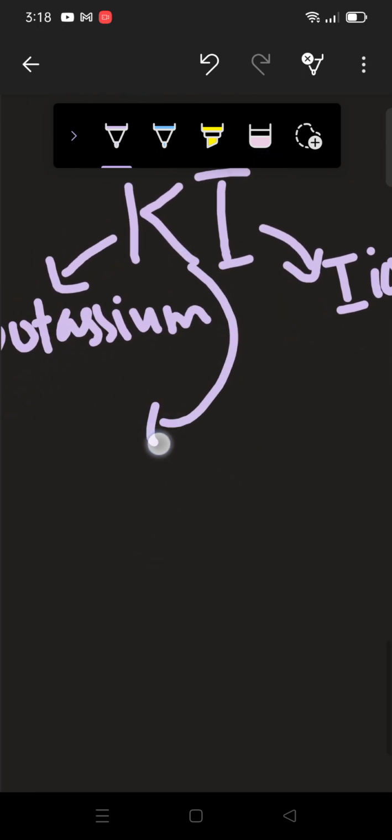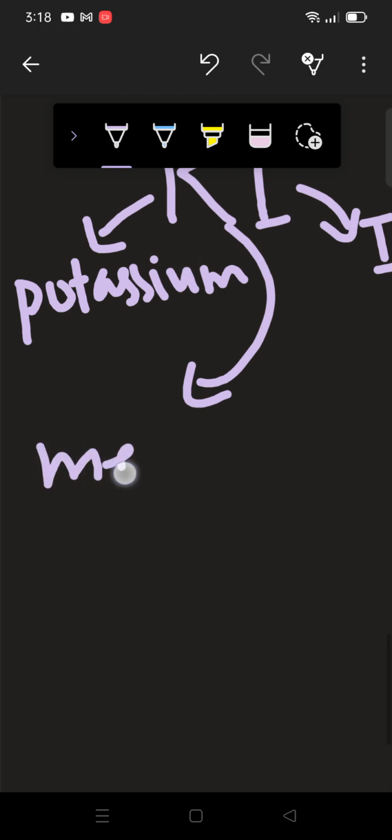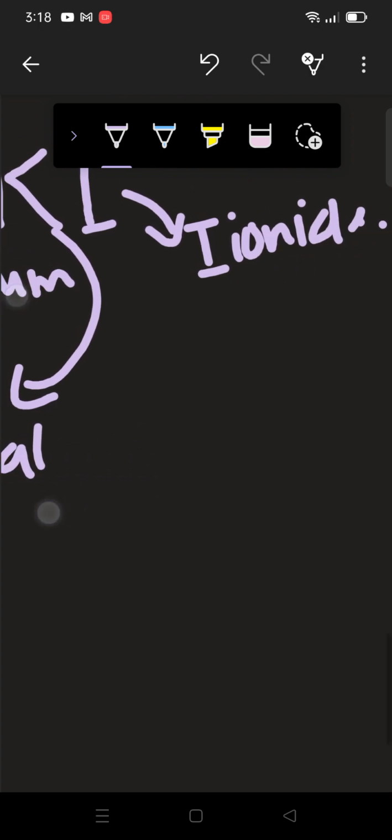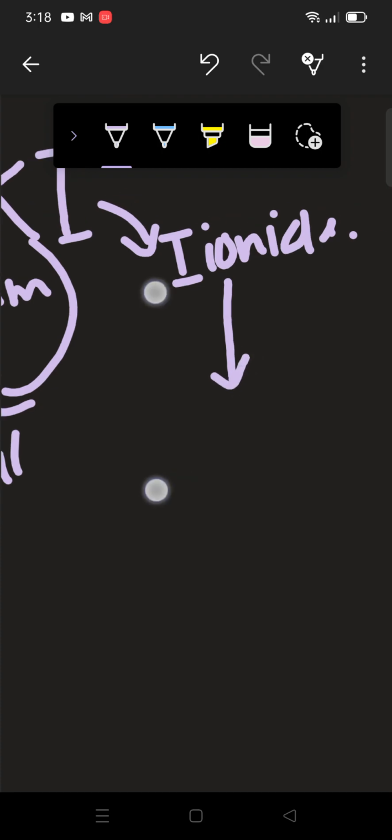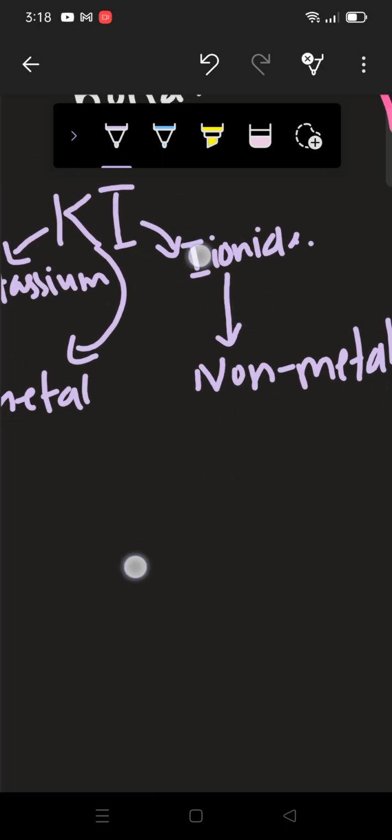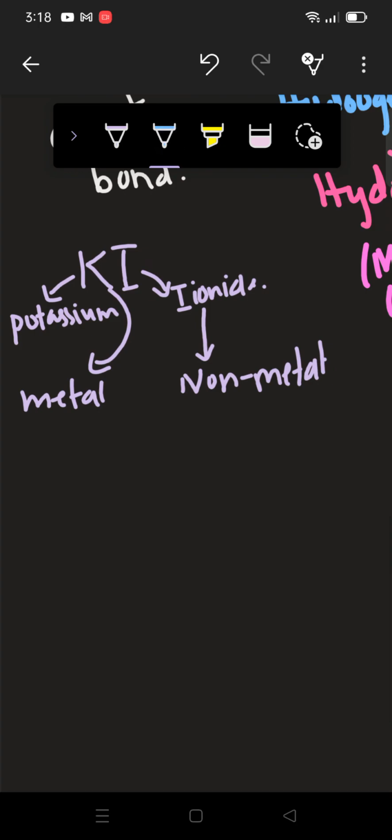So we know that potassium is a metal, and iodide is a non-metallic atom, or you can say non-metal. So whenever metal and non-metal combine together, they form an ionic bond.